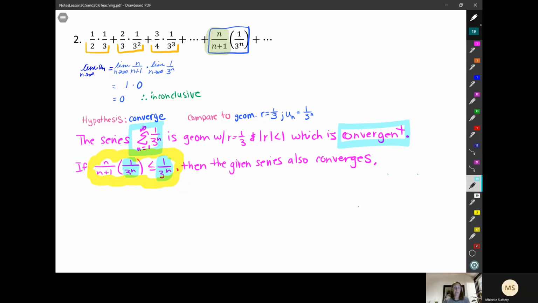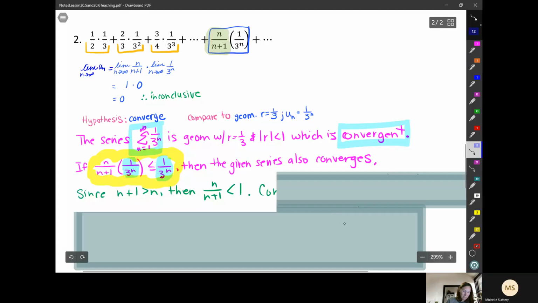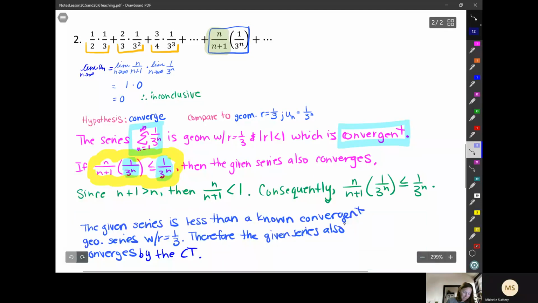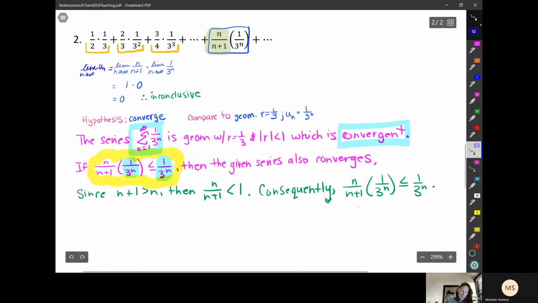So let's prove that. Let's compare the numerator and the denominator. Since the numerator is n and the denominator is n plus 1, I know that n plus 1 is greater than n. So my numerator is less than my denominator, and n divided by n plus 1 is less than 1.